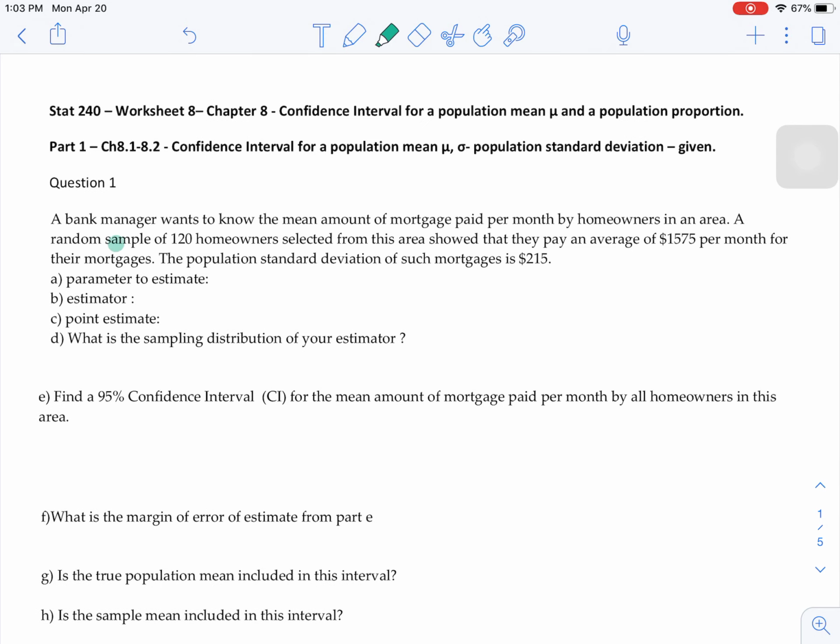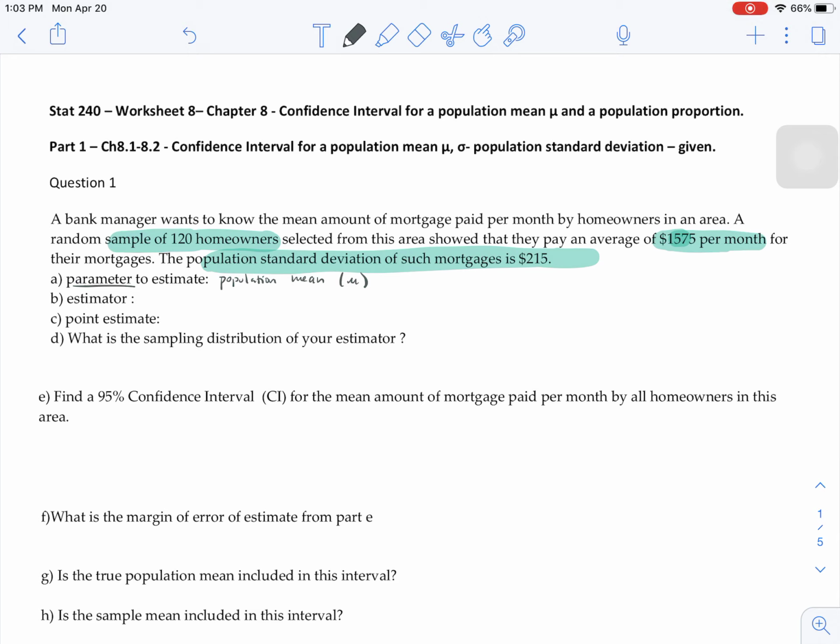So our sample of 120 homeowners, our sample mean from that sample is $1,575 a month. And we know the population standard deviation is $215. So first let's figure out what we know already. Our parameter that we want to estimate, the thing we don't know, is the population mean, which we usually denote with the Greek letter mu.